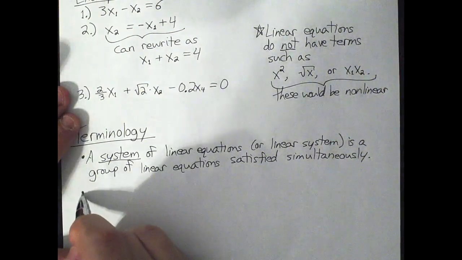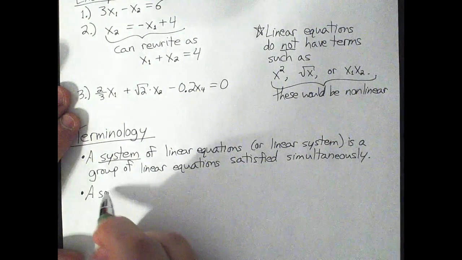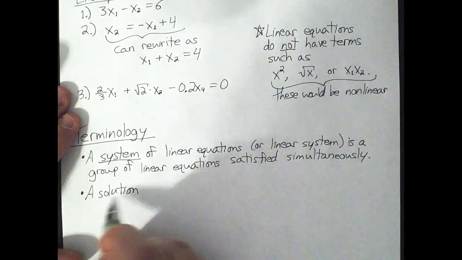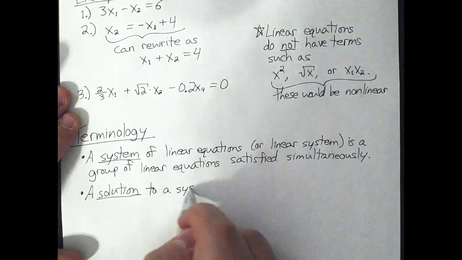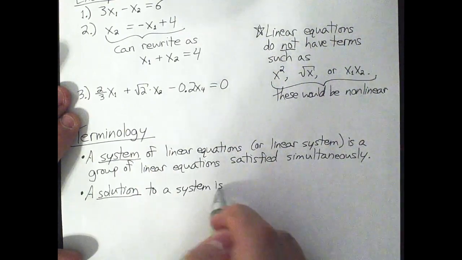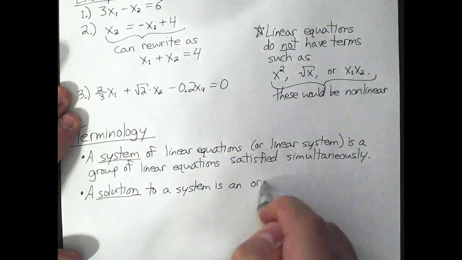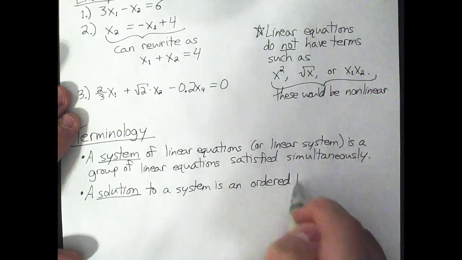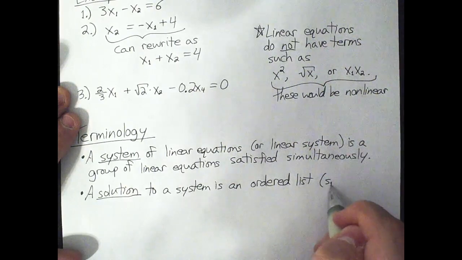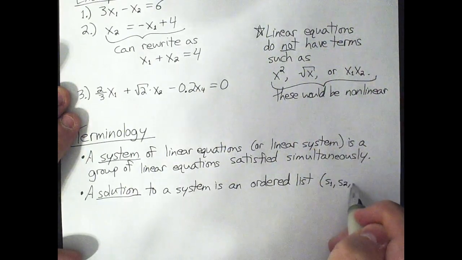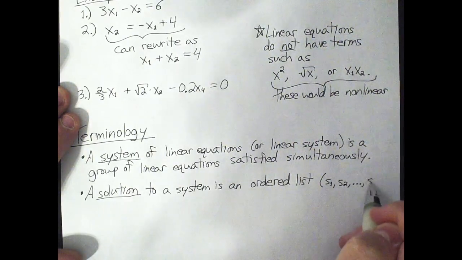Which brings us to a solution. A solution to a system is an ordered list. For now, we're going to write it as S1, S2, ... up to Sn.